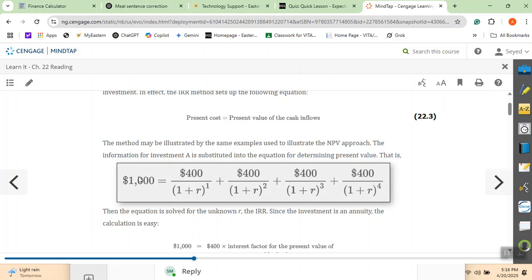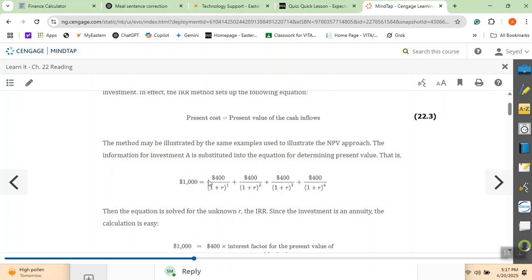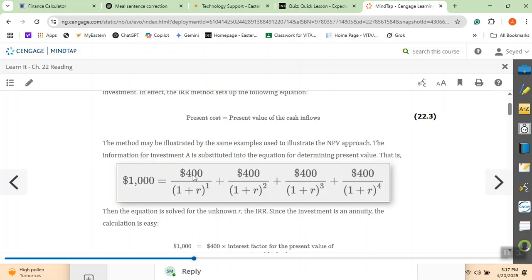You borrow $1,000, and with that you can buy an old, used tractor. That tractor is going to bring you $400 every year. Do you see this $400 here? The first year it brings $400, second year $400, third year and fourth year $400.